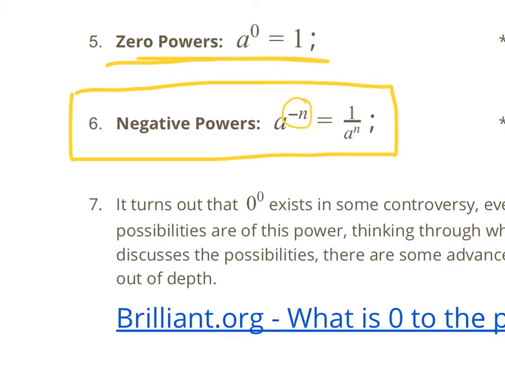Now, to make it positive, you make it the reciprocal, okay? So we put whatever our value is under 1, and we apply our exponent to that, okay? And then from here, if you want to evaluate it, you could, okay? So that's the big new one for today that I'm going to have you work on a little bit, okay?